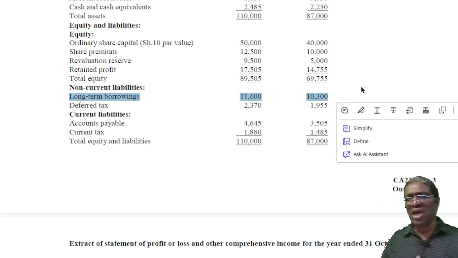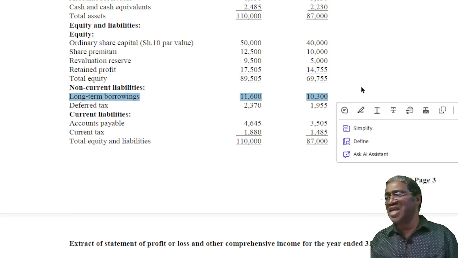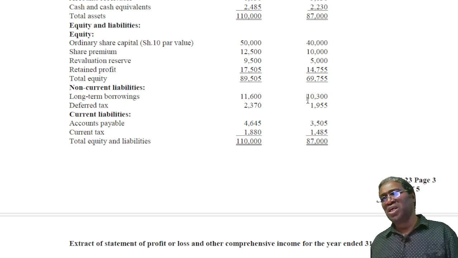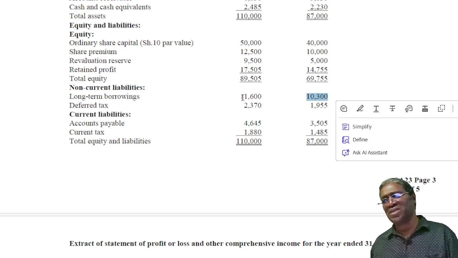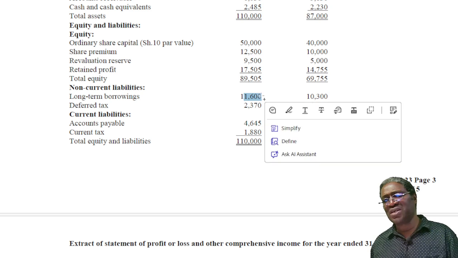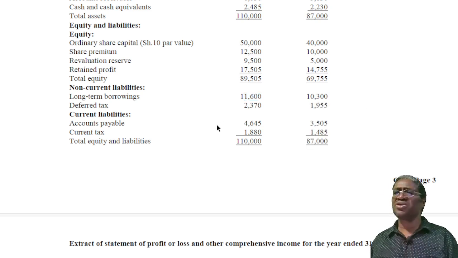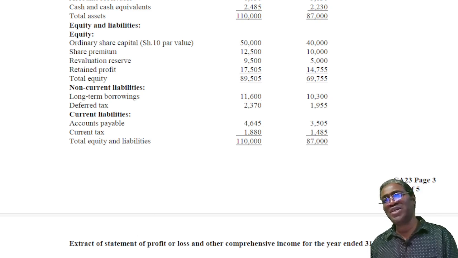I'm asking myself, is there any additional information concerning the loan? There is nothing we mentioned in the additional information affecting the long-term borrowings. So if the loan last year was 10,300 and this year it's 11,600, there must have been some increase in the loan which came from additional loan.